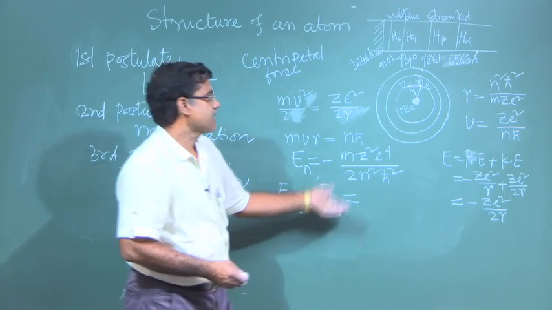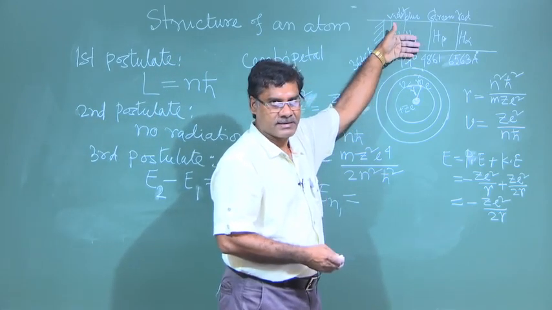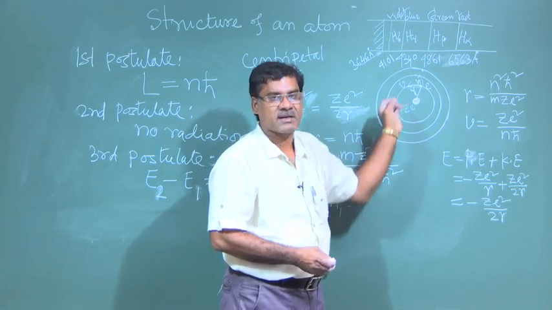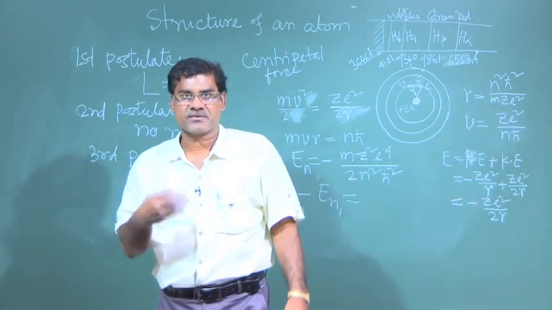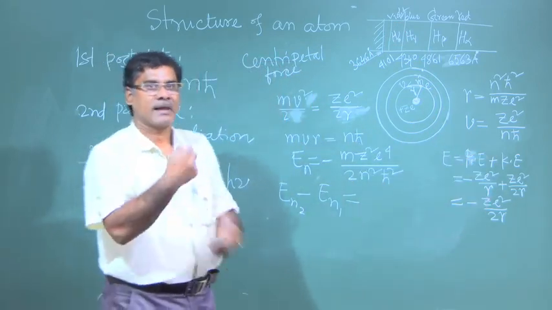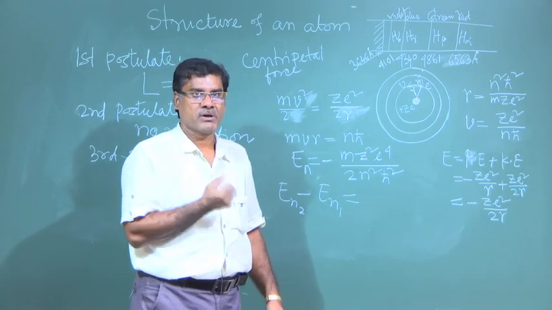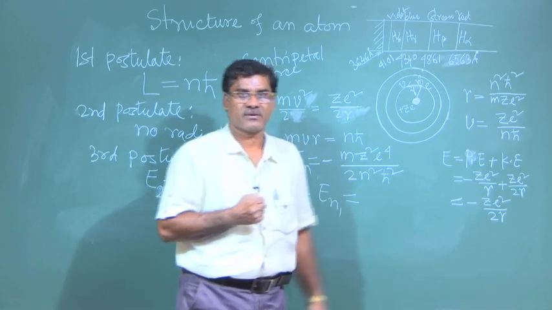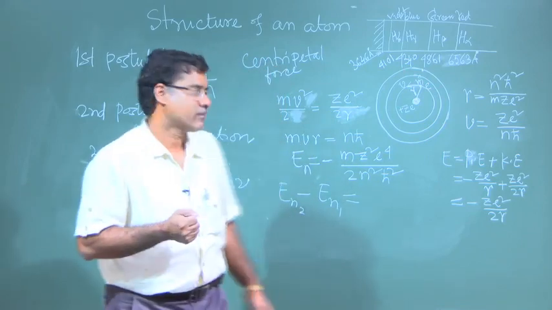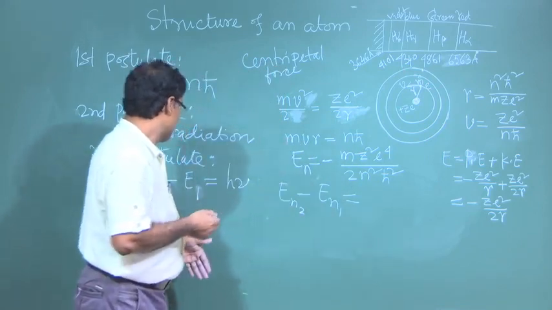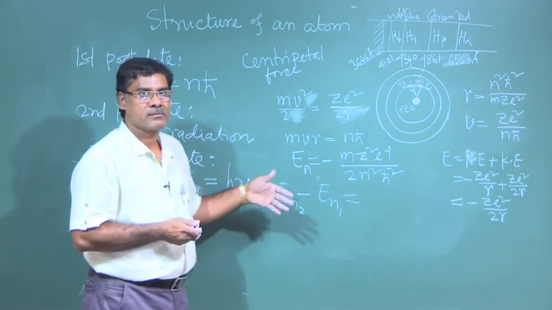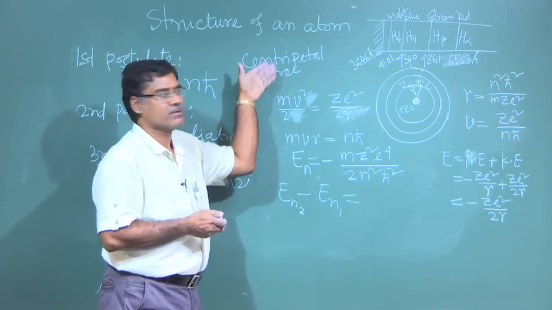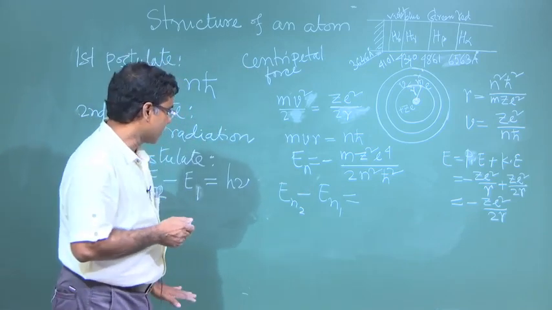Okay. So, basically when it jumps from a higher energy level to a lower energy level, it emits, and otherwise it absorbs. Here we are considering the emission of radiation from the atom due to jump of the electron from a higher orbit to a lower energy orbit.